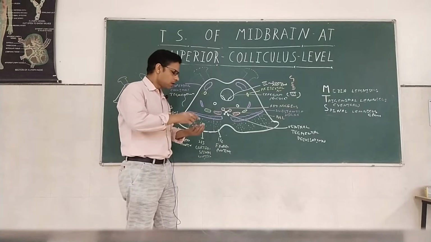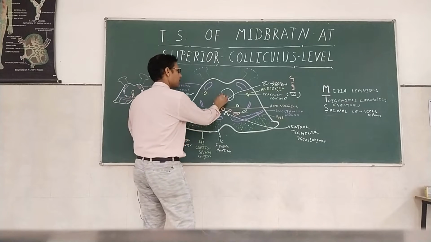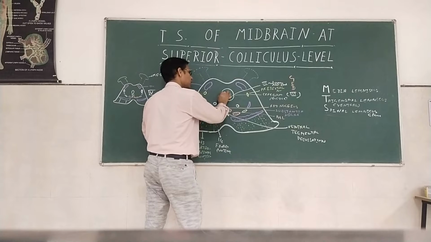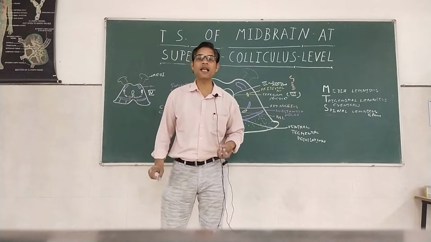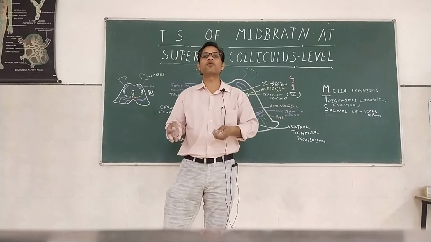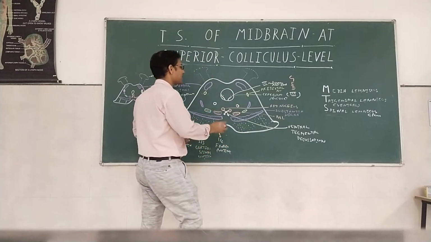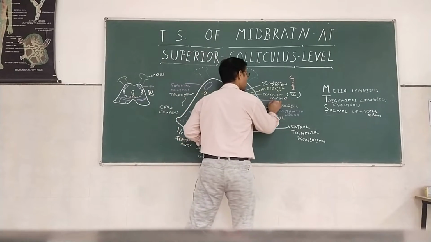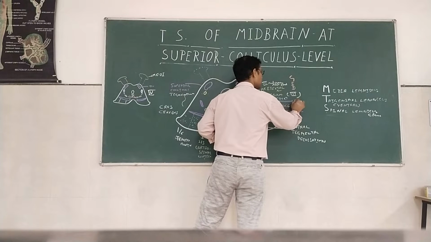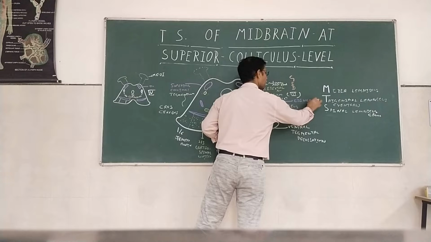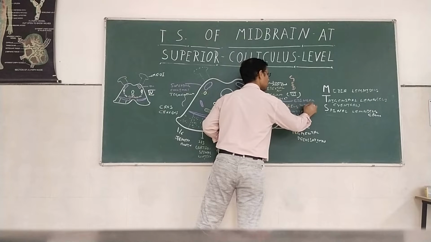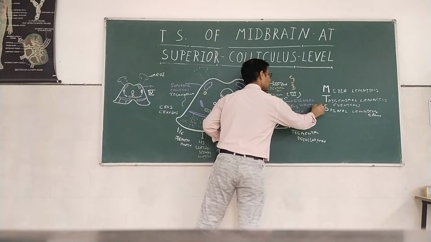Not only that, more dorsally there is another nucleus associated with the complex, carrying the parasympathetic fibers for the pupillary reaction, and that is known as the Edinger-Westphal nucleus.